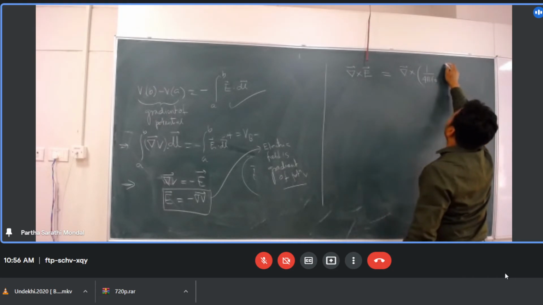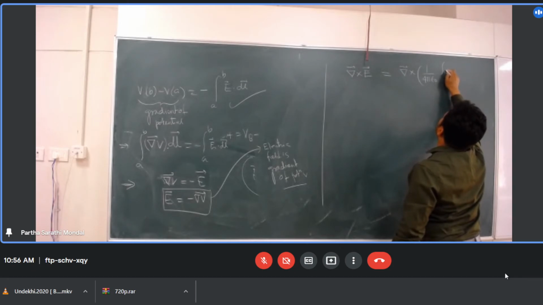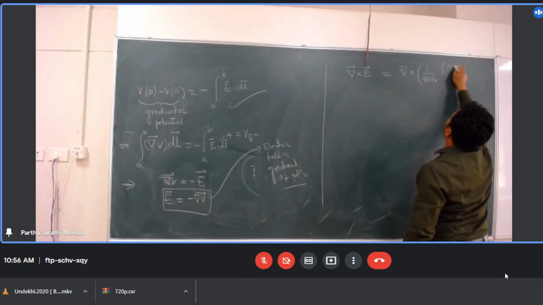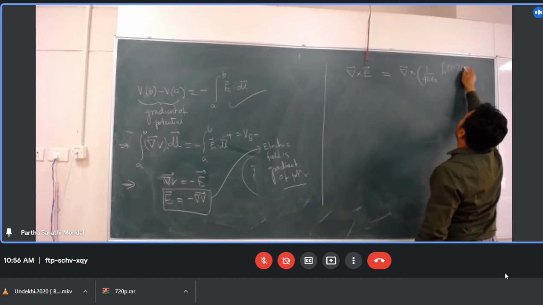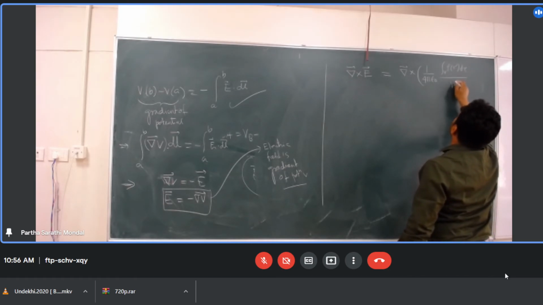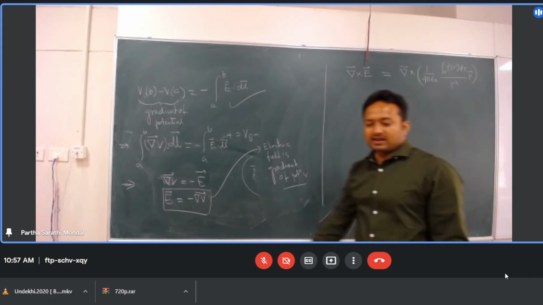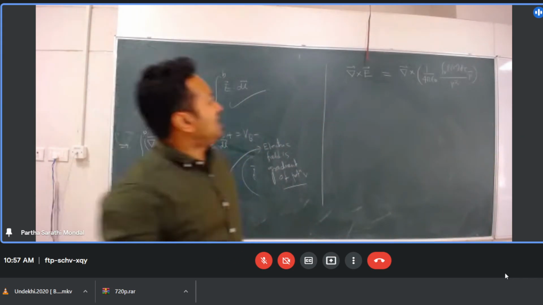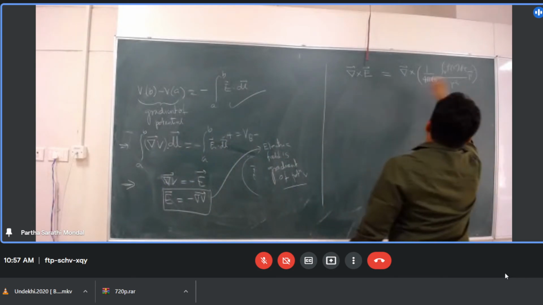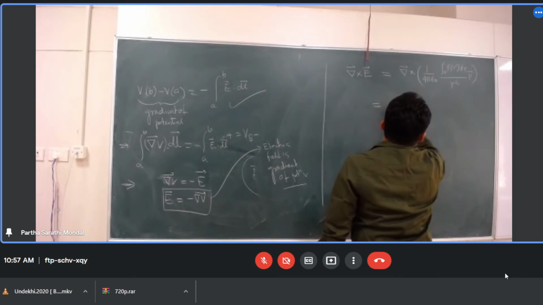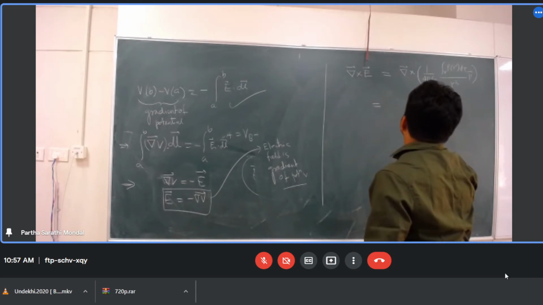1/4πε0 क्या था? इंटीग्रेशन. अगर वॉल्यूम इंटीग्रल लेंगे क्लोज में तो क्या होगा? ये ρ(r') dτ divided by r² into r̂, है कि नहीं? So now you can take out the scalar part from here. तो क्या होगा ये बताइए?